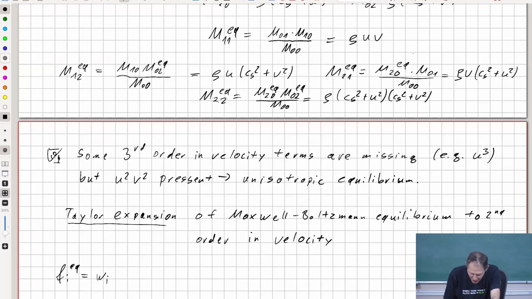F_i^eq comes with a weight function, w_i. So now this has only one index here, because this is the way it is usually written down. And we have e_i, the direction vector, that is the direction of this particular link or population, times the velocity divided by c_s squared, plus (e_i · u) squared over 2 c_s to the fourth.